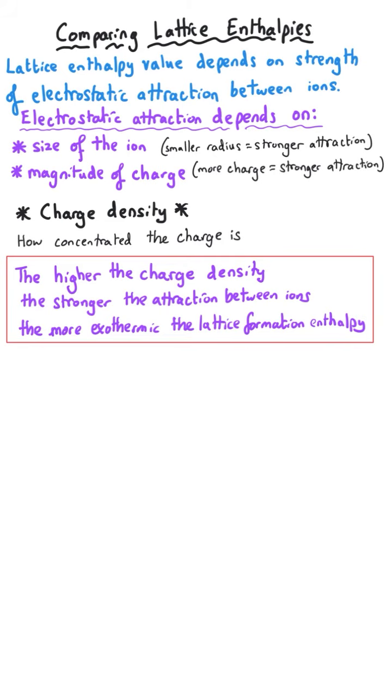If we look at a couple of examples and compare NaCl to KCl, in an exam situation they usually try to keep one of the ions the same, because that allows you to ignore it in our consideration. So I'm just drawing a single circle for the Cl- that will be the same in both examples. Sodium is higher up group 1 than potassium, so it will be a smaller ion, with a smaller ionic radius.